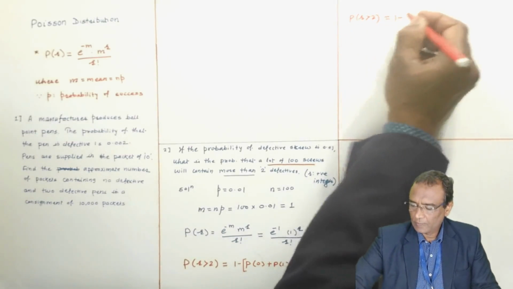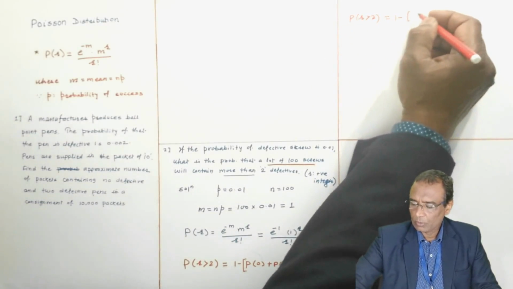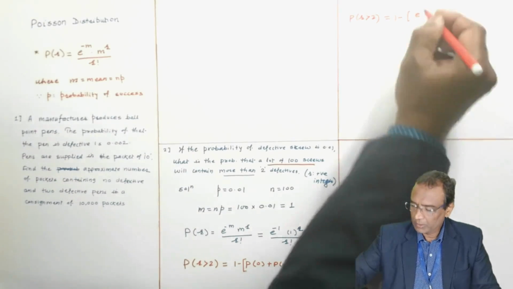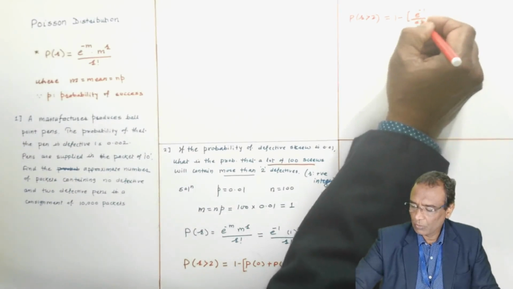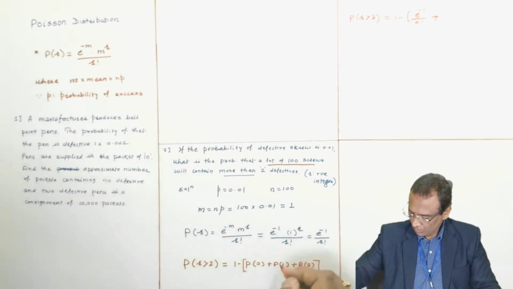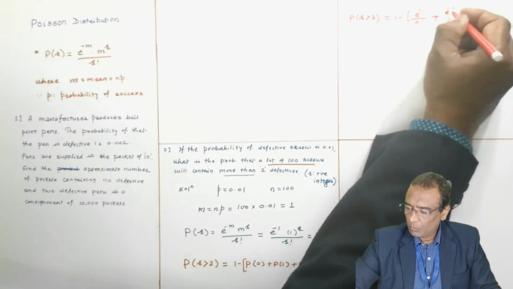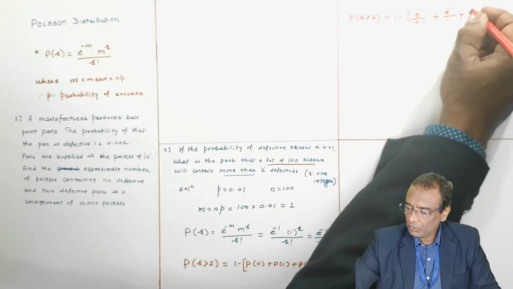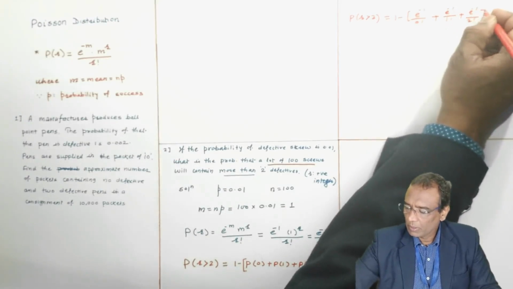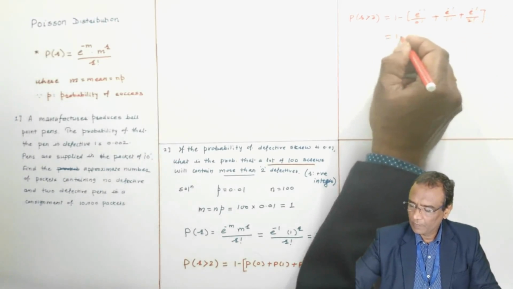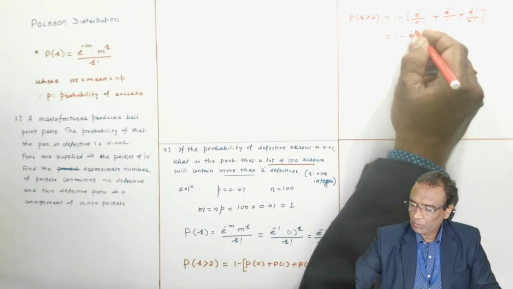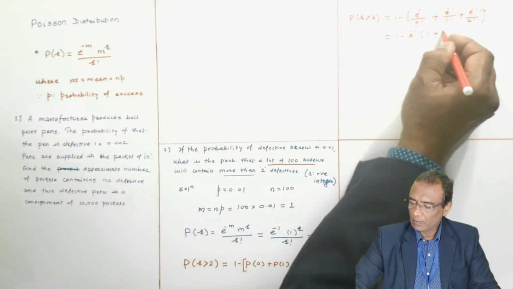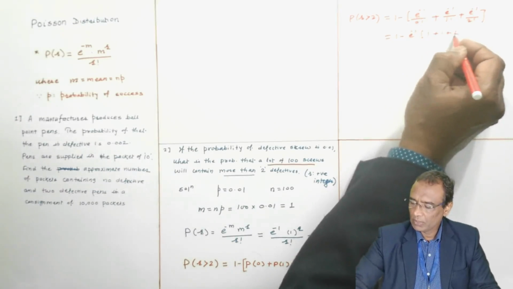Here 1 minus P0. P0 is what? e to the power minus 1. P0, put r equal to 0. P1, put r equal to 1. P2, put r equal to 2. Okay, then 1 minus e to the power minus 1, and factorial 0 is 1, factorial 1 is 1, and it is 1 by 2.